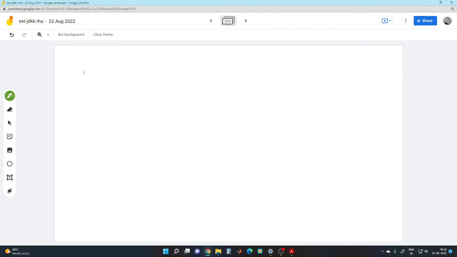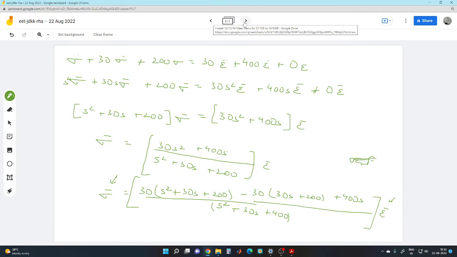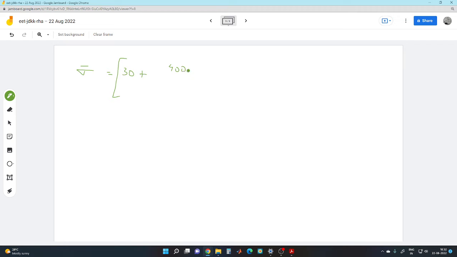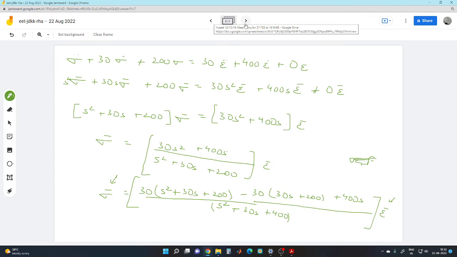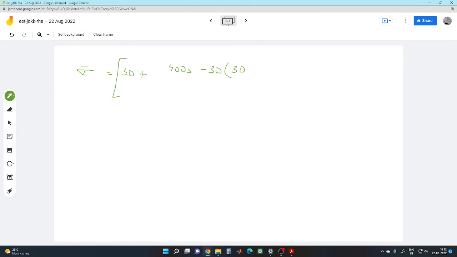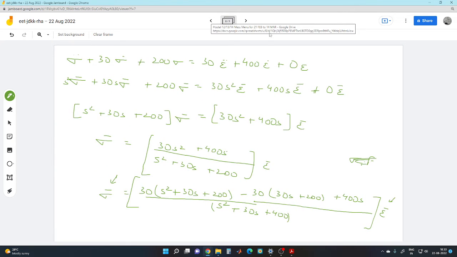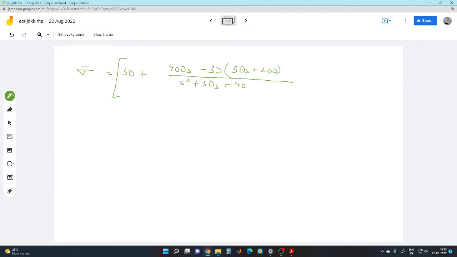So we can directly write it as sigma bar is equal to 30 plus 400s minus 30 into 30s plus 200 upon s square plus 30s plus 400, and this is epsilon bar.